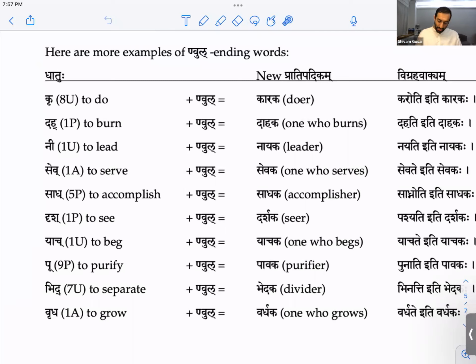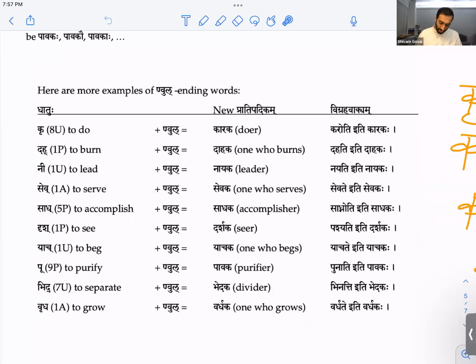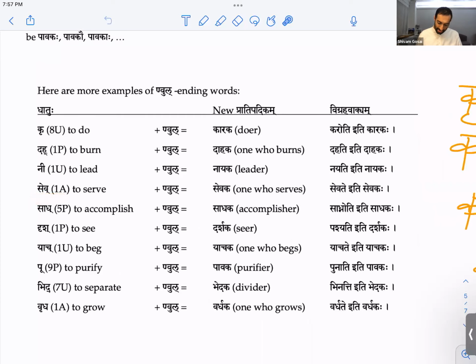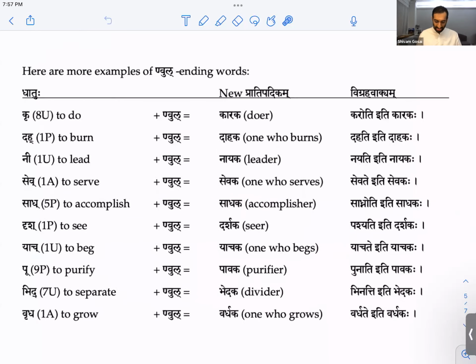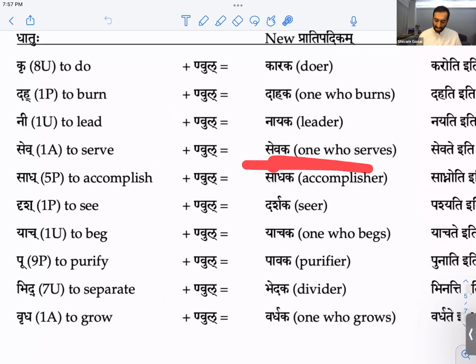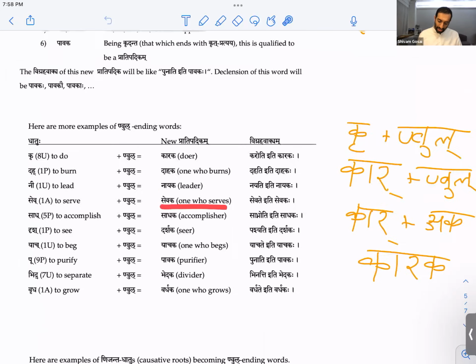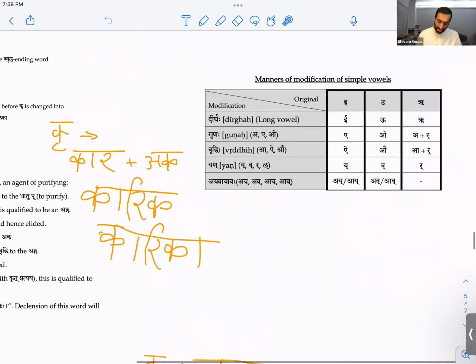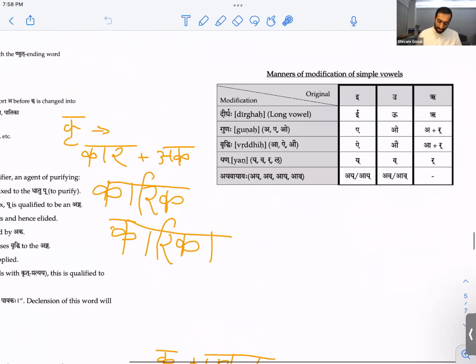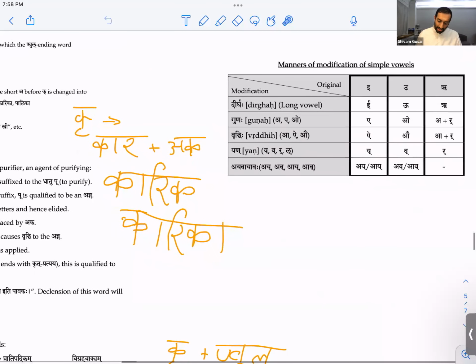I did want to make sure we get enough time to go to the next one. If we just look at save plus nvul becomes sevaka. You've heard this word before, right? Sevaka, one who serves, and sevika is the feminine version. Here you'll notice you're not getting any vriddhi.